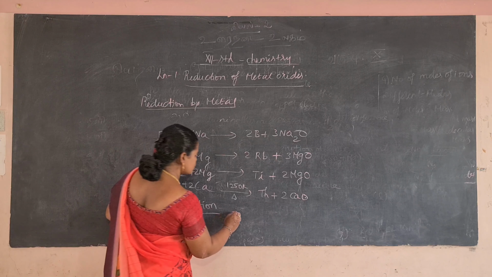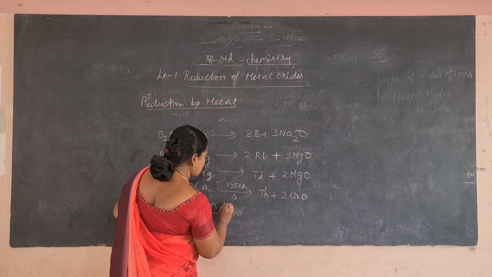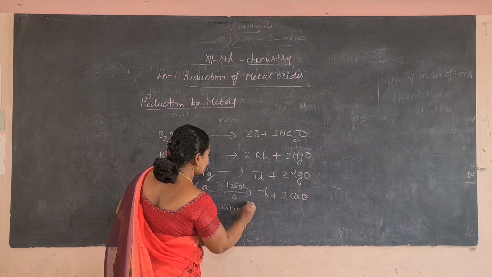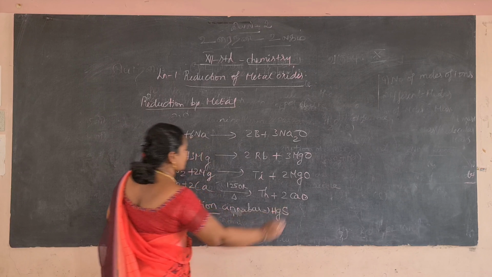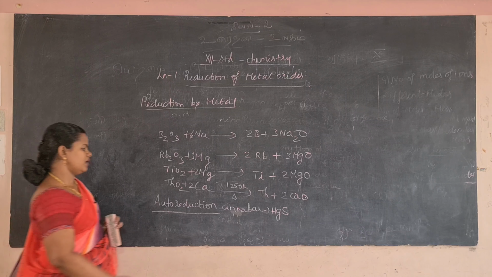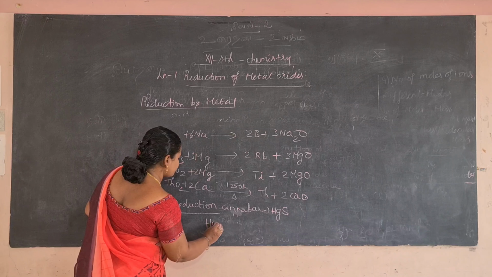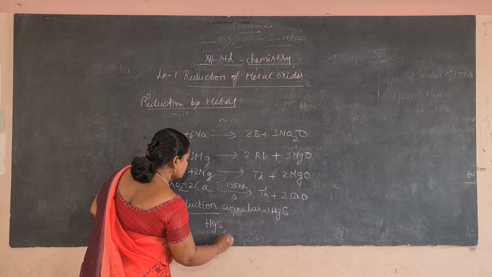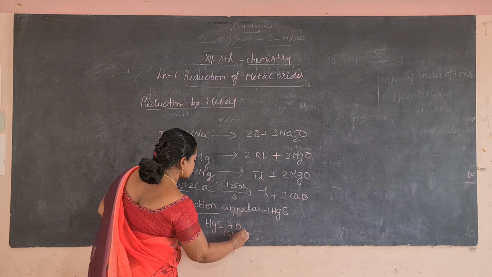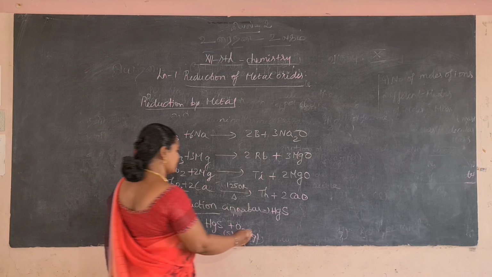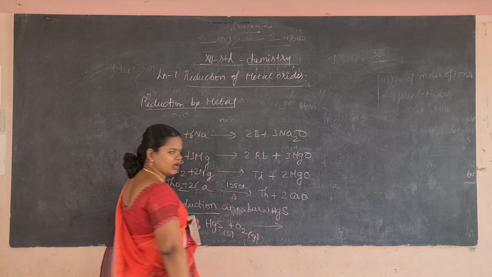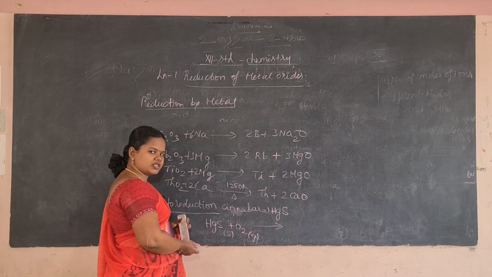For example, roasting of cinnabar. What is cinnabar? It is nothing but HgS. Cinnabar, when it is roasted or heated with oxygen gas, gets reduced. Simply on roasting, no reducing agent is necessary.